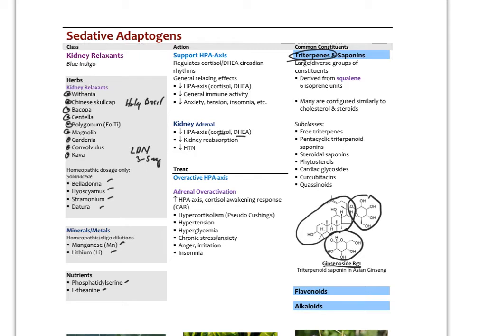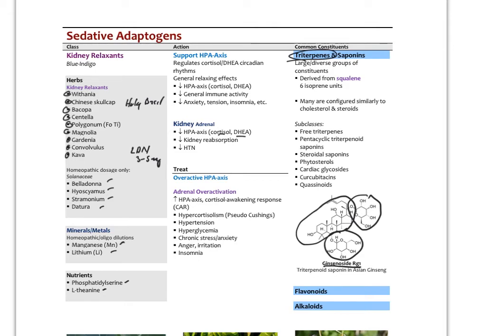One of the mechanisms we think these herbs are working is to essentially sensitize the glucocorticoid receptors in the hypothalamus to the levels of cortisol in the blood. So as cortisol goes up, that should turn down the HPA axis. But if you have chronic stress or inflammation or these other things we've talked about, those glucocorticoid receptors downregulate, and we actually get a misadjusted HPA axis.